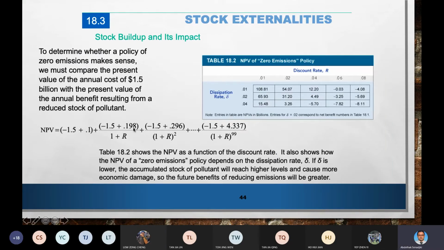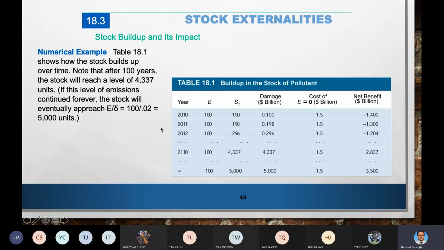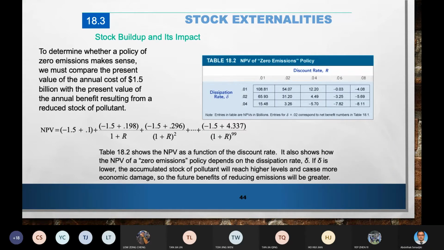The cost is 1.5 each year, until you reach 100 years, so n minus 1, that means 99.